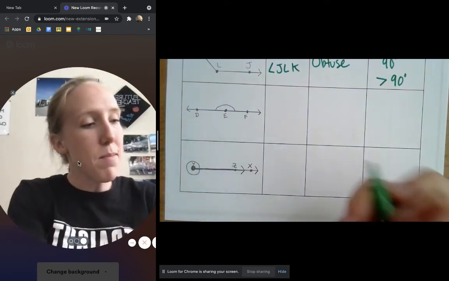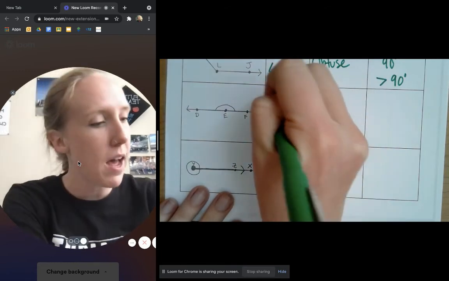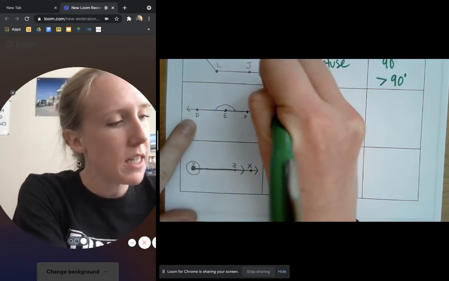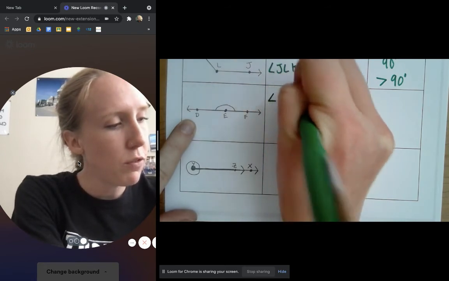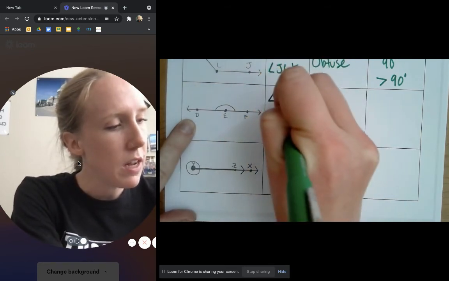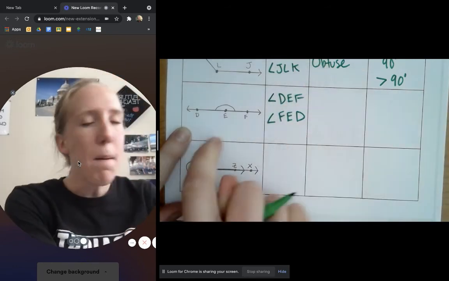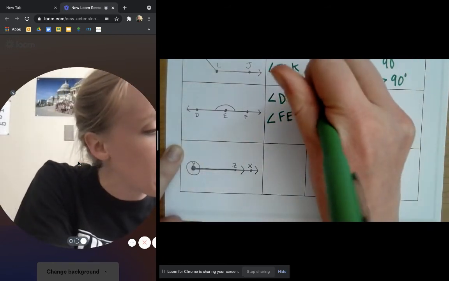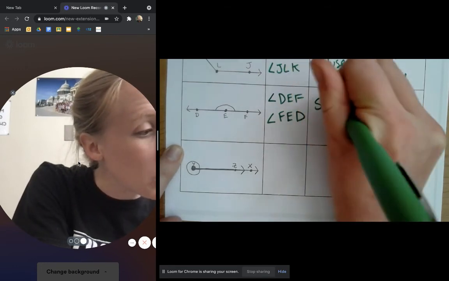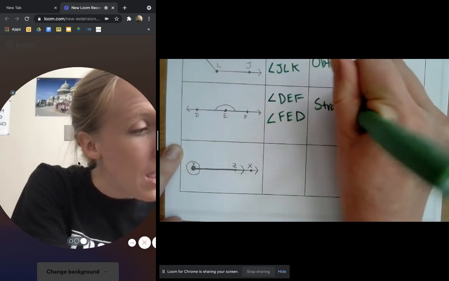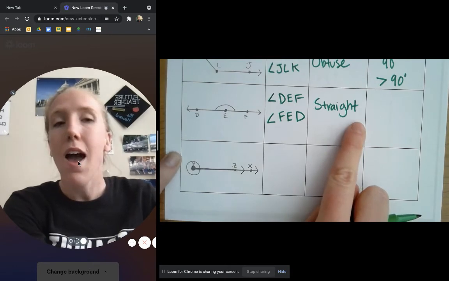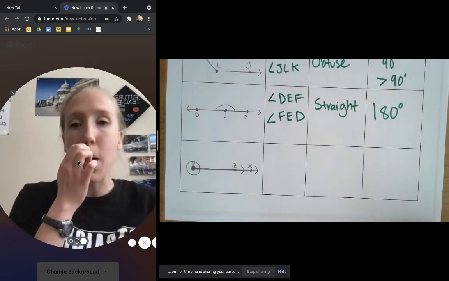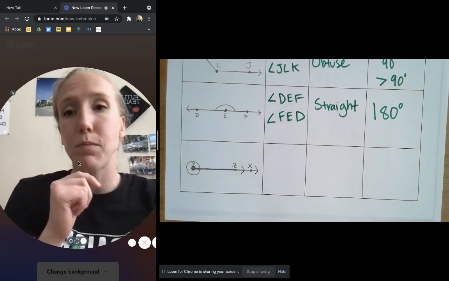If I'm naming that, right here on this angle, it would be angle DEF, or angle FED. This type of angle is called a straight angle because it makes a straight line, and that is 180 degrees.